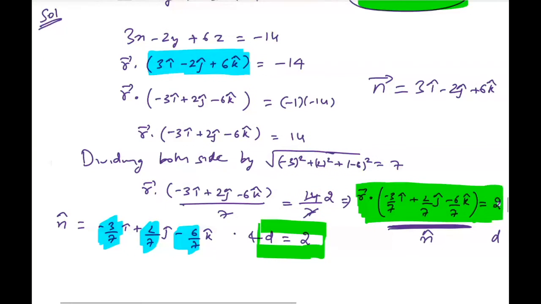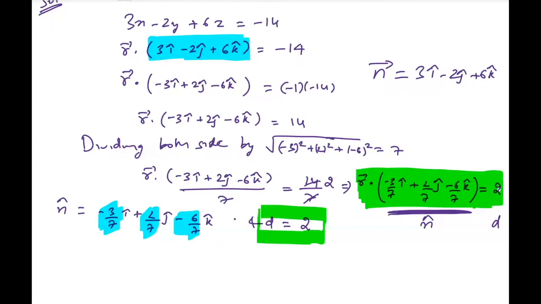So what are the DCs of the normal vector? Very simple. DCs of the normal vector are nothing but the DRs of n cap.